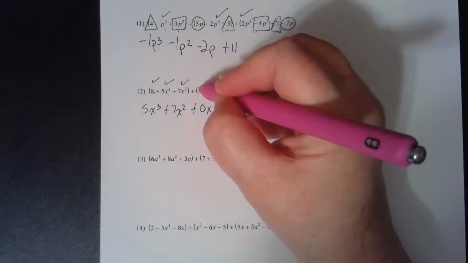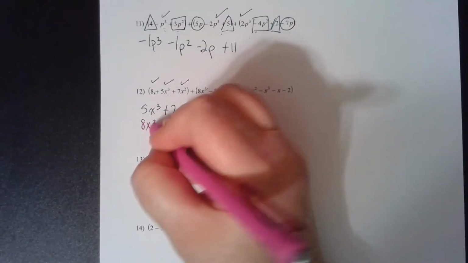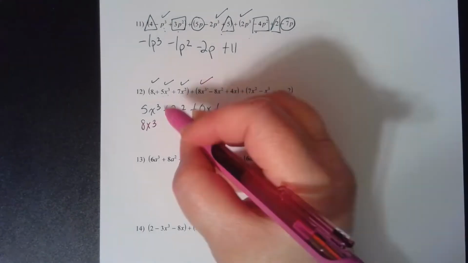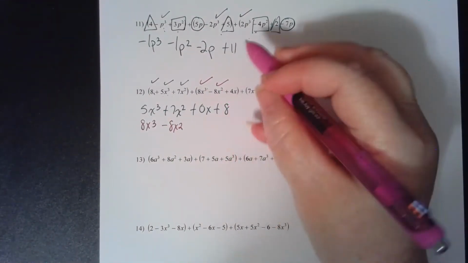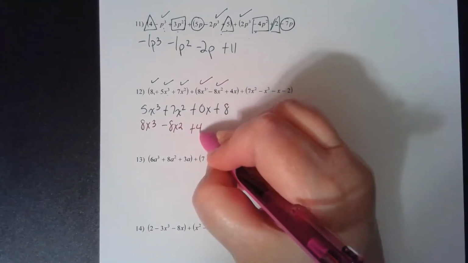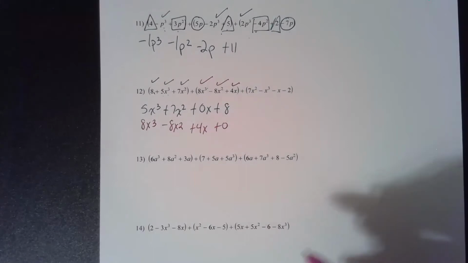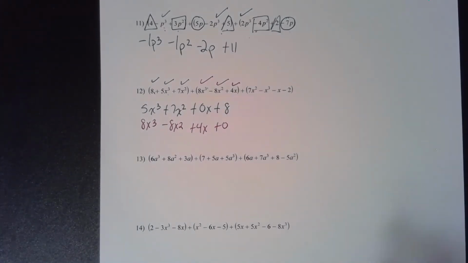Now, 8x cubed minus 8x squared plus 4x plus 0. So anytime I have something that isn't there, I'm just going to put a placeholder there.